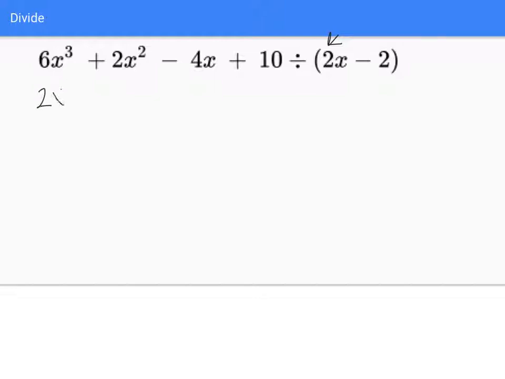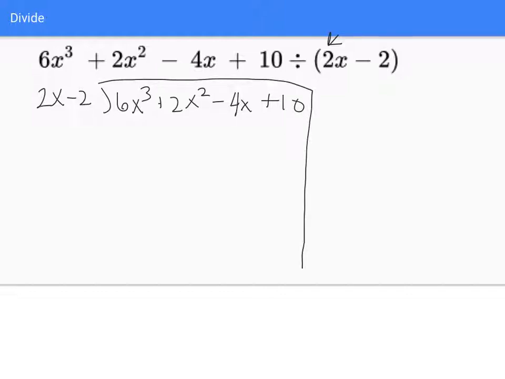So I have 2x minus 2, and I'm going to divide 6x cubed plus 2x squared. So 3, 2, 1, a number. So again, the first thing you're looking at is how can I match the 2 so it looks like 6.